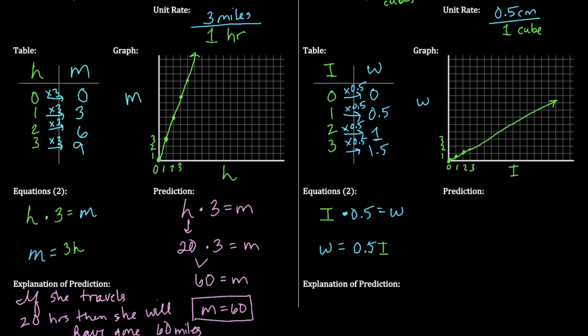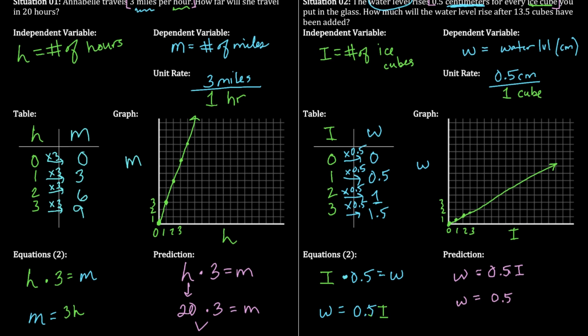Now let's go ahead and use that to make a prediction. Now last time I used the first equation, I'm going to use this one because most people prefer this one actually when they get used to it. So the change in water level is 0.5 for every ice cube. So the water level is going to be 0.5 times how many ice cubes?